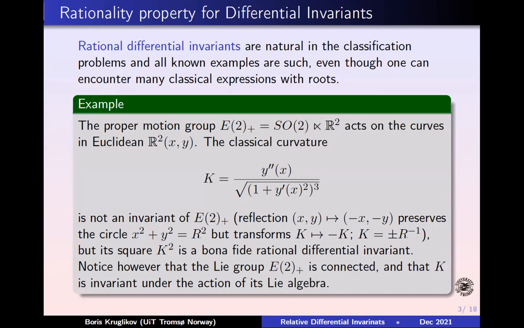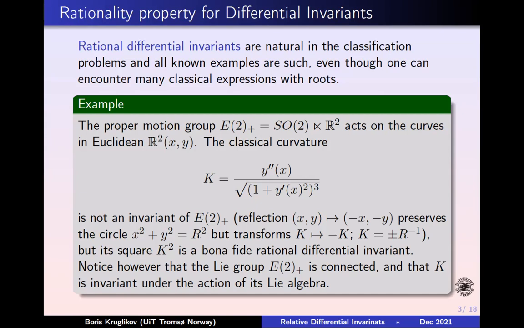However, even though it's classically accepted, that's not an invariant of the group of motions. What is called curvature is actually not an invariant of the group of motions, because if you take a reflection, changing the sign of x and y, then the circle is preserved, but the curvature of the circle changes sign. Basically, the expression under the root changes, and the root changes branch, becoming minus the root.